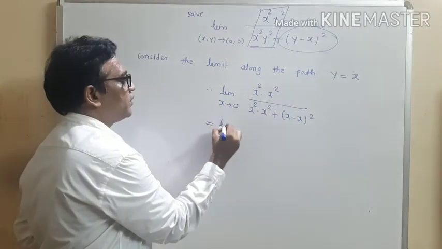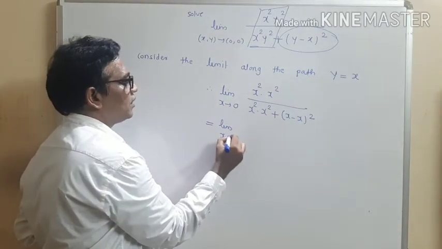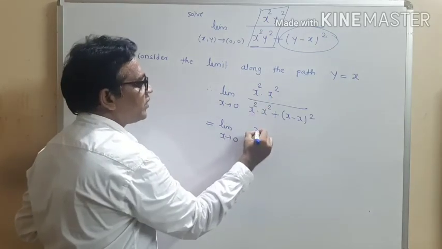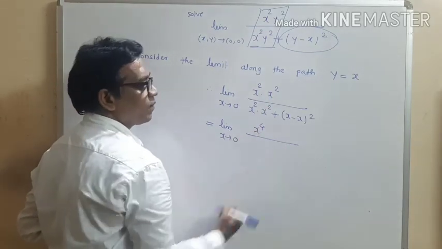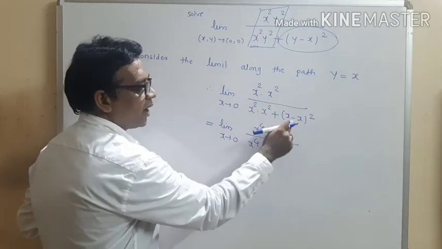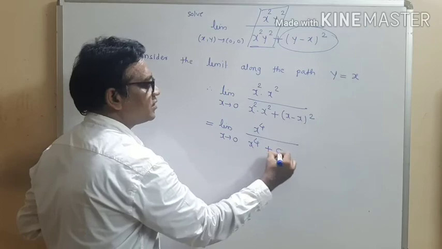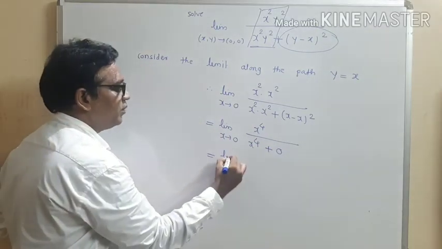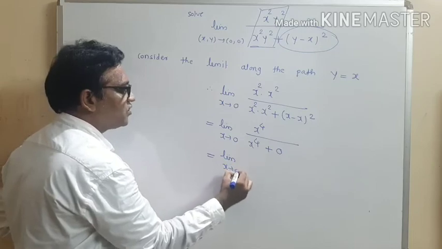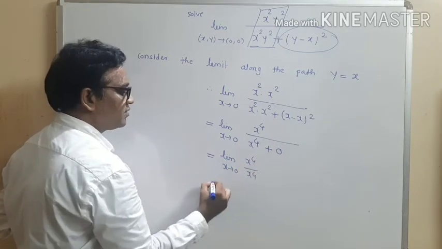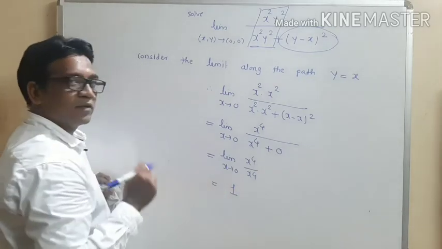Now x square into x square is x raised to 4, and x minus x is 0. So we get limit x tends to 0 of x raised to 4 upon x raised to 4, which gets cancelled. So this is equal to 1.